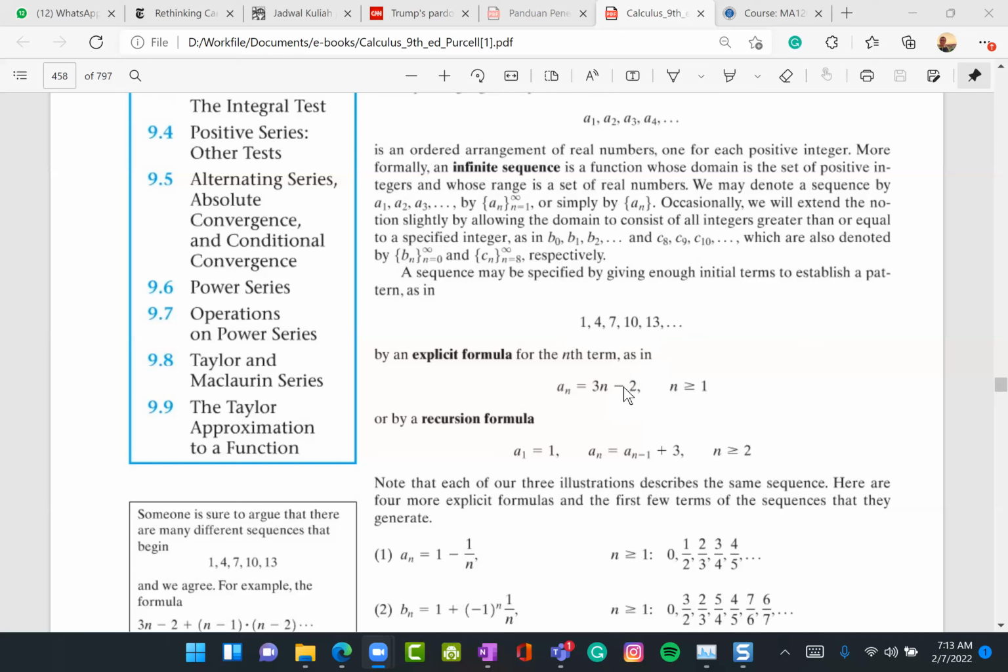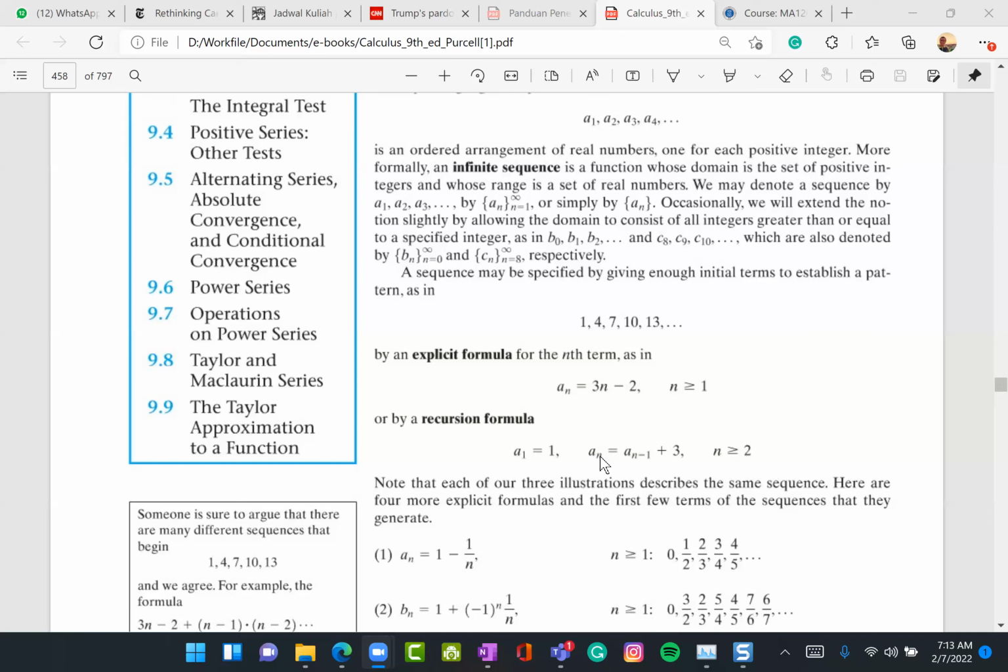Or you may use what we call a recursion formula. Recursion means how you get the nth term from the previous one. So for example, the nth term is the previous one, add 3. And you start with the first term being 1.